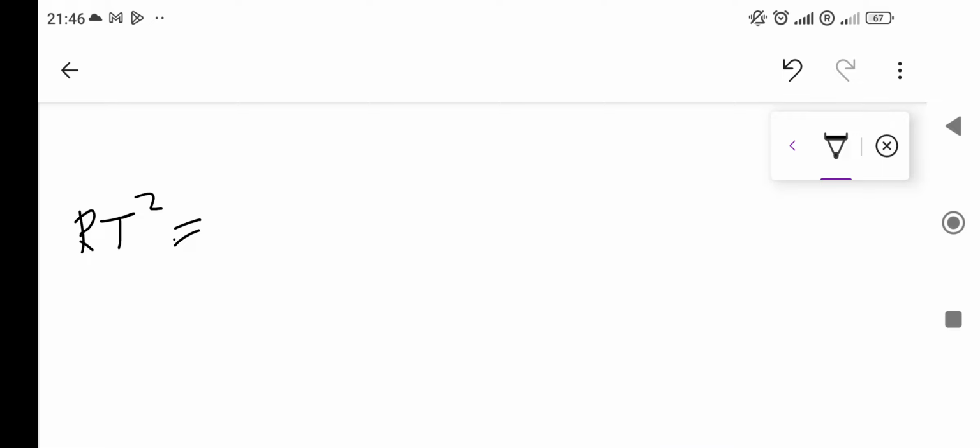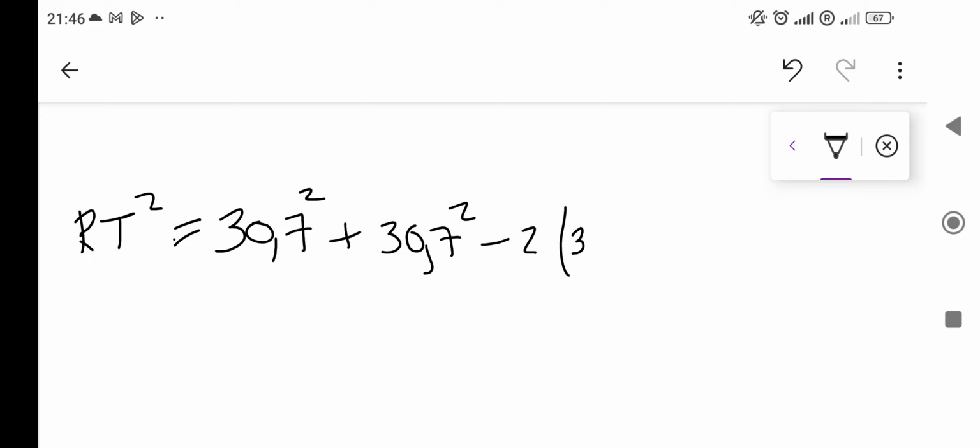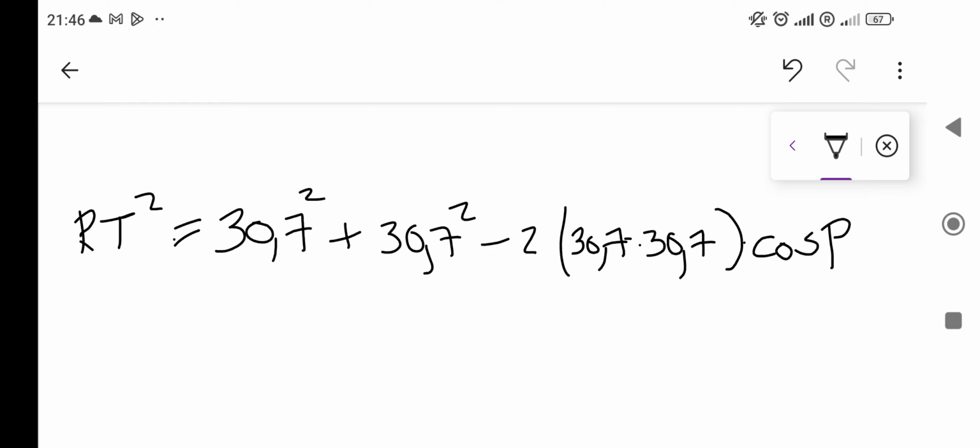RT squared, PT, we said that was 30,7. That's going to be squared, plus another 30,7. Remember, they are the same. Squared minus 2 times 30,7 times 30,7 times cos of our angle P that we want to find.